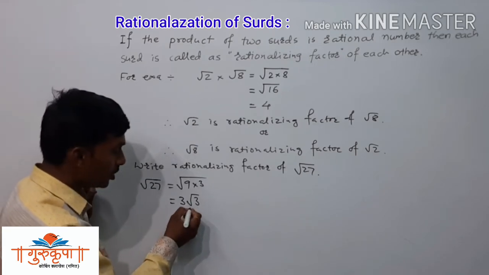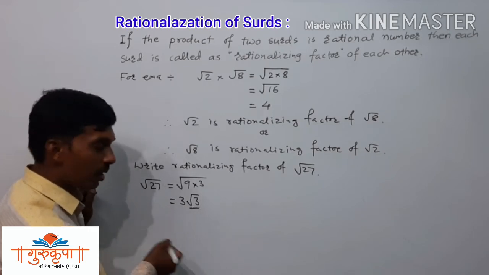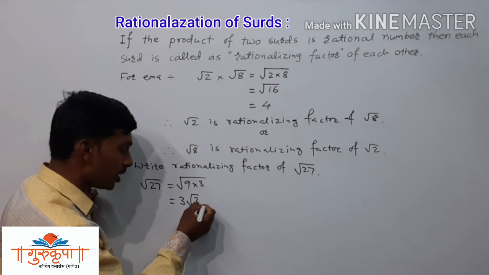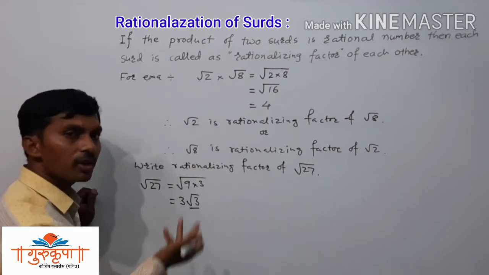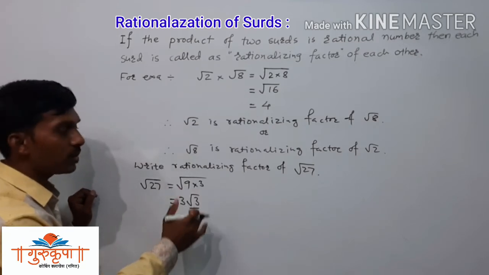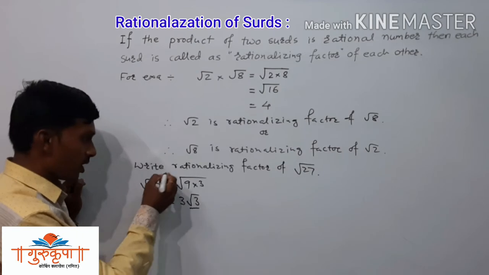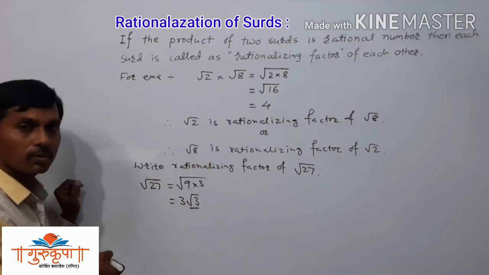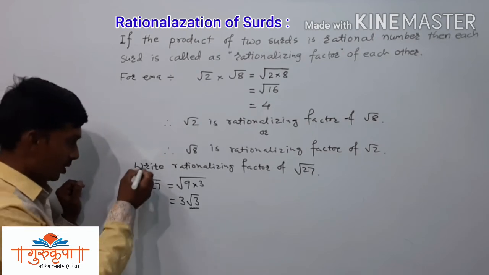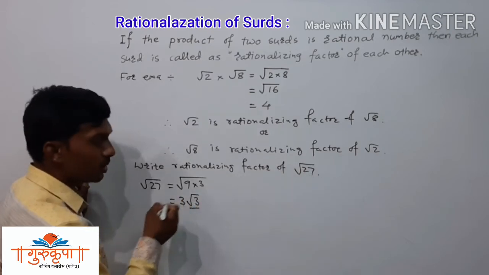But here √3 is not rational number, it is irrational. Now suppose if we multiply this number by √3, then it will be converted into rational number. It is totally converted into rational number. So rationalizing factor of √27 is √3.